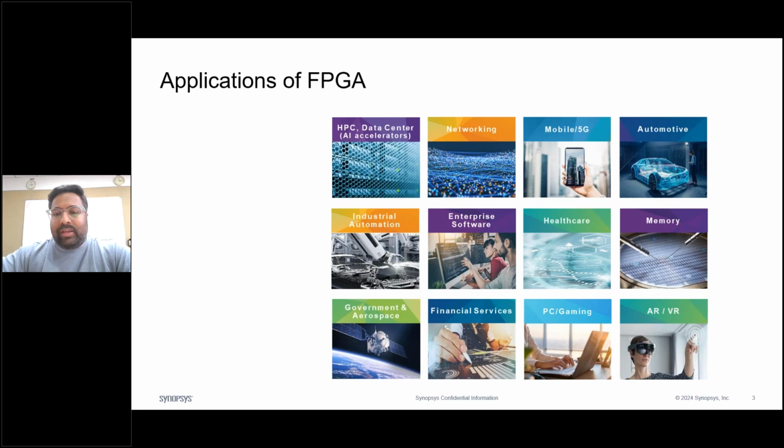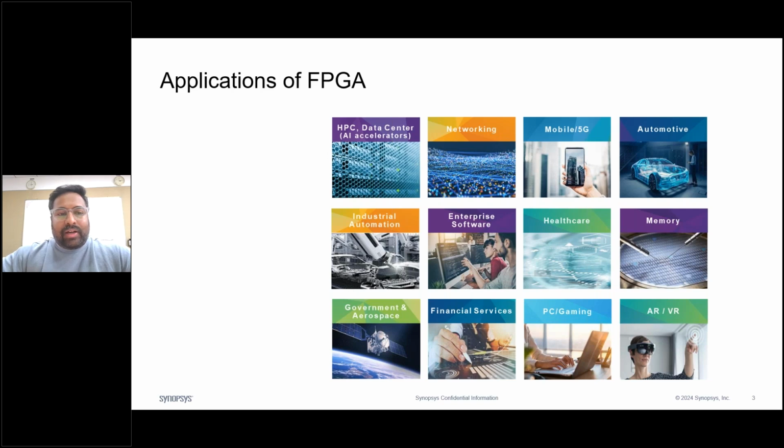Apart from this, it can be used in aerospace and defense sectors, where you can use FPGAs for avionics and military communications. So these are the different industries or areas where FPGA is extensively used. Nowadays, FPGA can be used in data centers for AI accelerators, and it can be used for financial services as well.